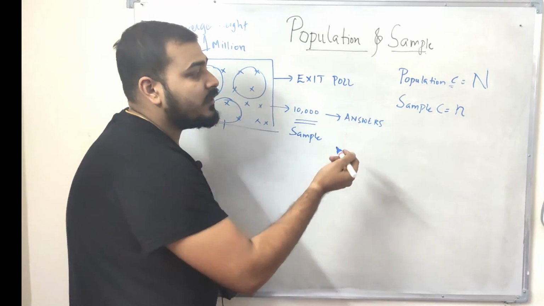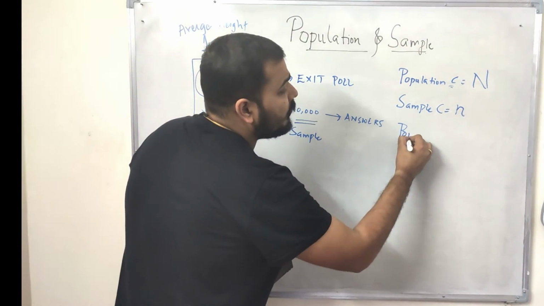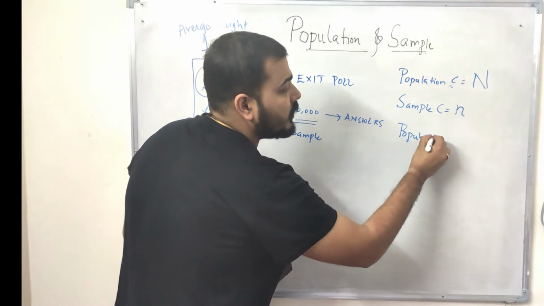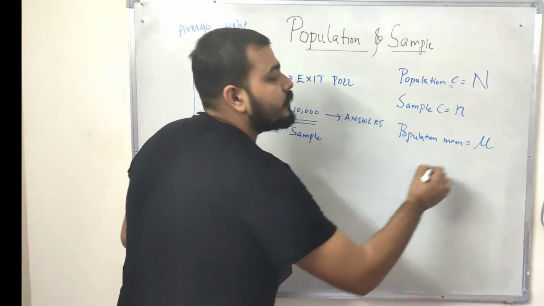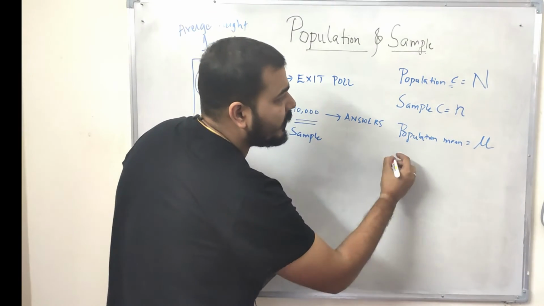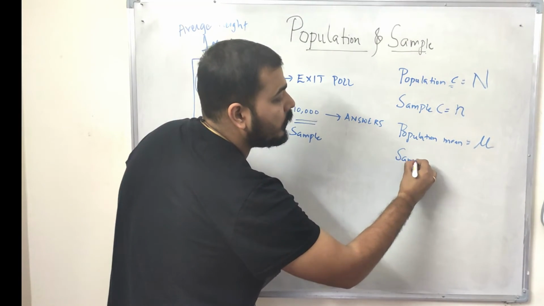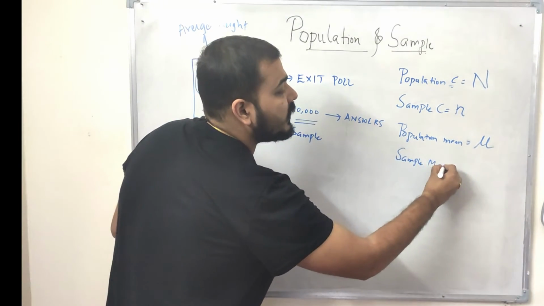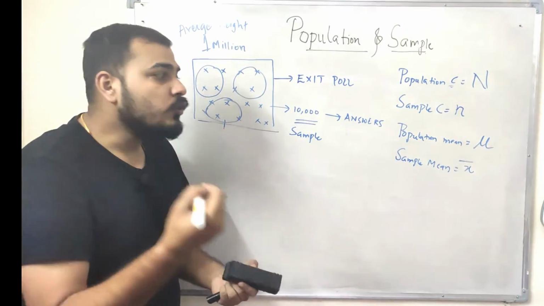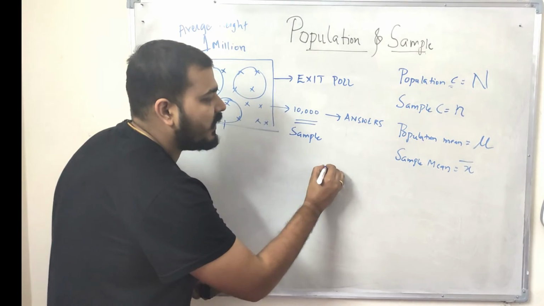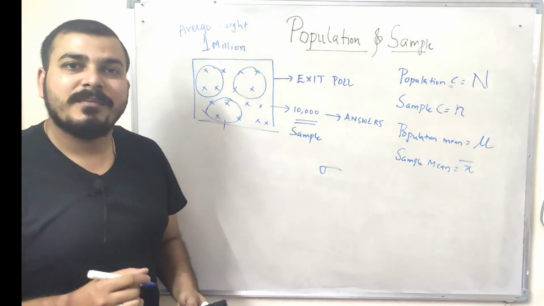So capital N and small n. If I want to represent the population mean, this is represented by mu. If I want to represent the sample mean, this is represented by x bar. And you know about variance and standard deviation. Standard deviation is given by sigma.